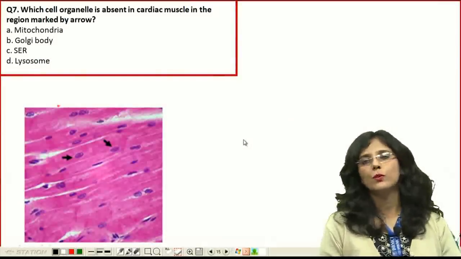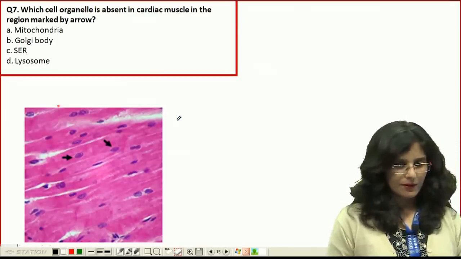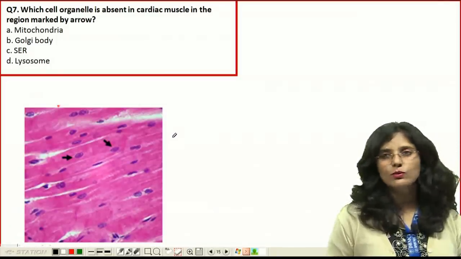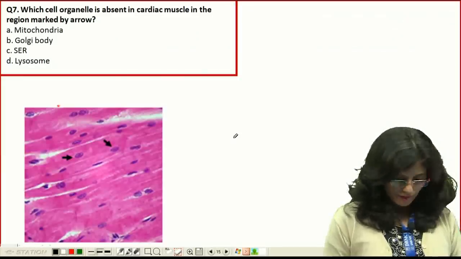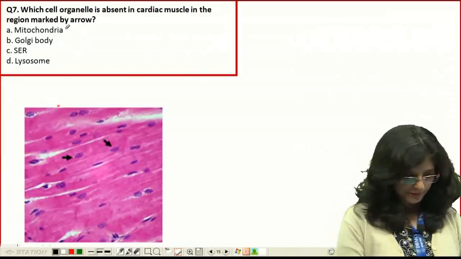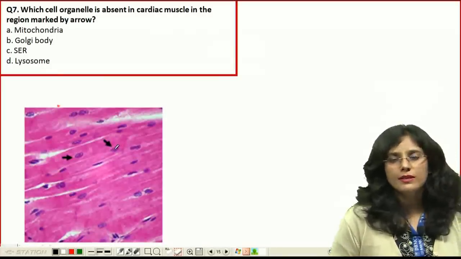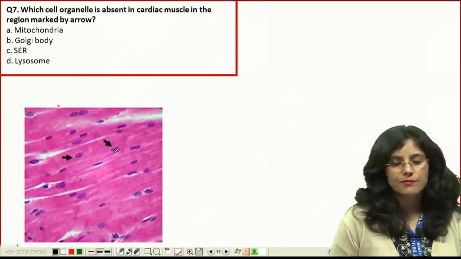Now the next question, number 7. The answer of this question is lysosome. Answer is D. Here, if you see, it is a single nucleus. The arrow is just around the nucleus.